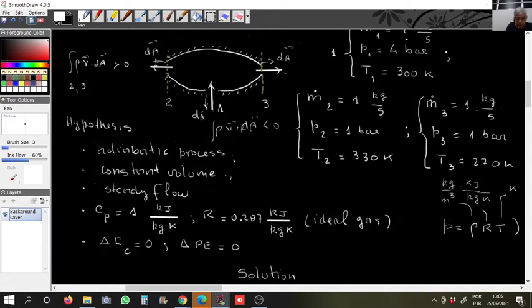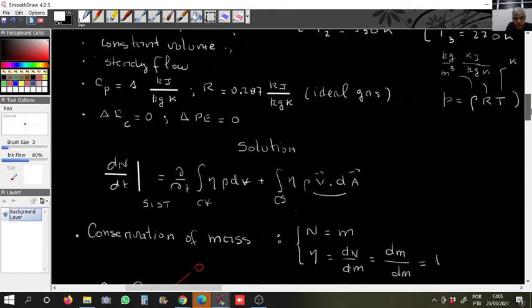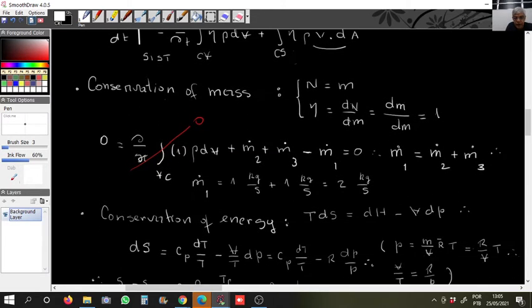Look at the sign: 2 and 3 flow out, 1 flows in. The sum has to be 0. So m1, the flow rate at 1, equals the flow rate at 2 plus the flow rate at 3.